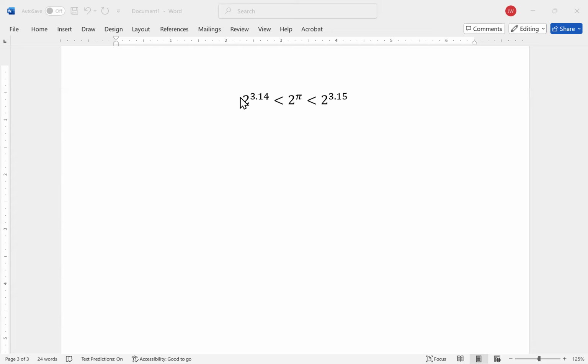Let me rewrite that in the more common sense way of converting it. It'd be like 314 over 100. And 3.15 would be like 315 over 100. Both of those can be calculated because both of those are rational exponents. And so the irrational exponent has to come between there. The 2 with the irrational exponent has to come between there.